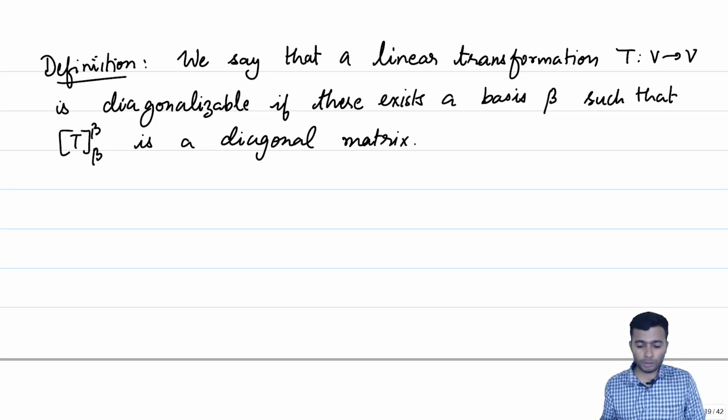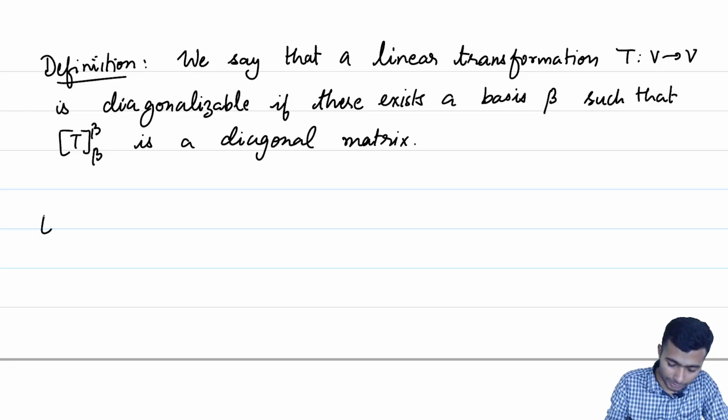So, one of the most straightforward examples is the linear transformation corresponding to a diagonal matrix. They have to be diagonalizable. So, example.